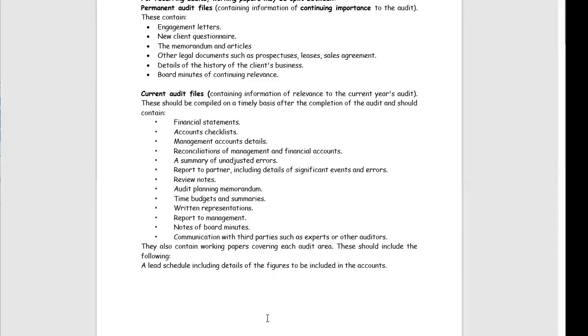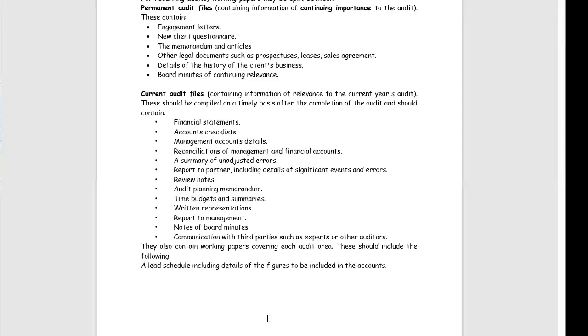So what we mean by this, sometimes you have another control should be in the current audit file. That one is accounts checklist.